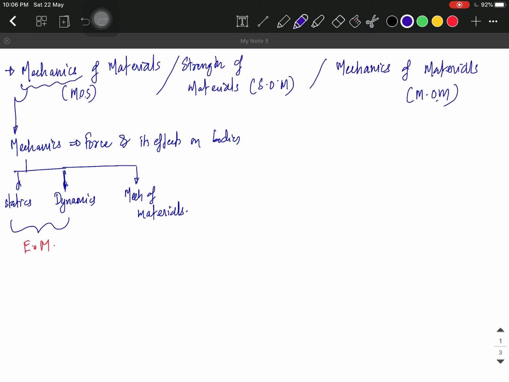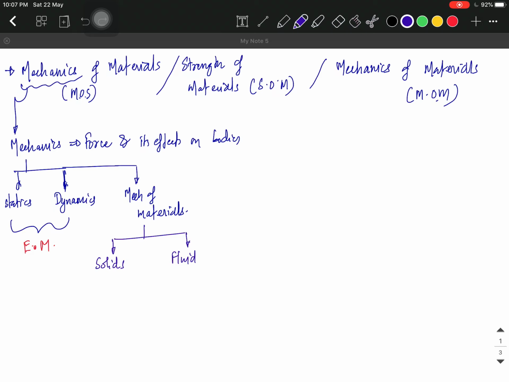The remaining subject, which is nothing but mechanics of materials, is further classified into two based on the type of materials: we are having solid materials, and also we are having fluid materials. We are not concerned about the other classifications of materials right now.